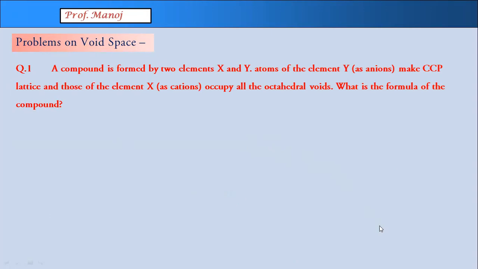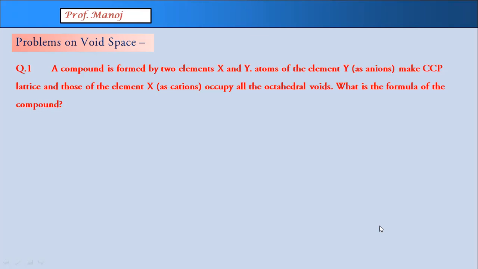Compound is formed from 2 atoms X and Y. Atoms of element Y are acting as anions and they make the CCP lattice, while X cations occupy octahedral voids.